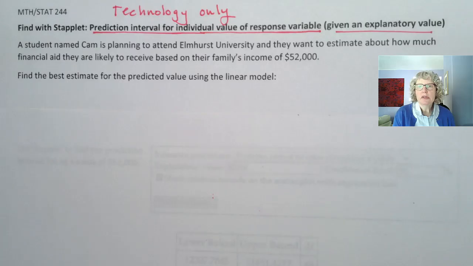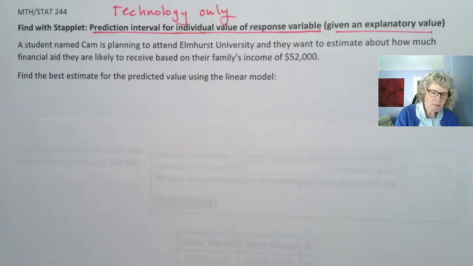Using this model, they want to make a prediction, and that's a big reason for making this type of model: to put in an x and find a y, the best estimate for the predicted value using the linear model.